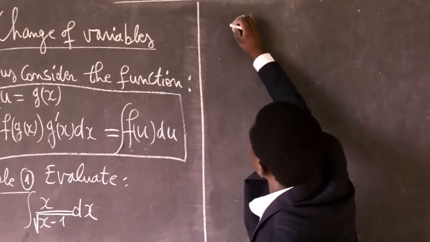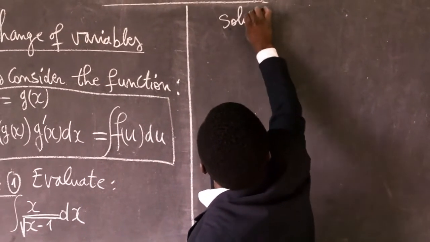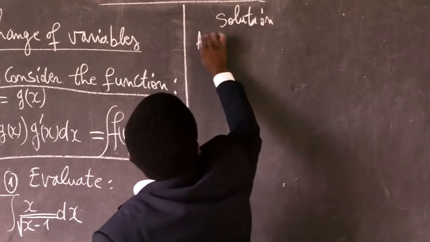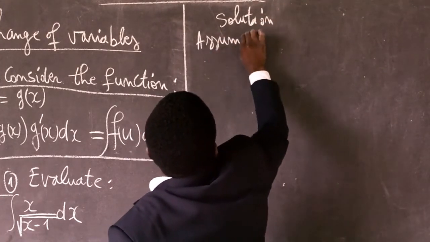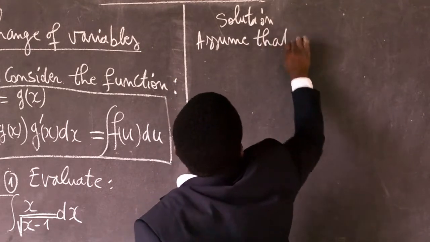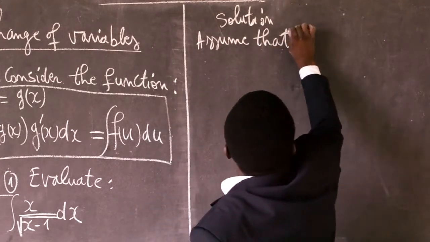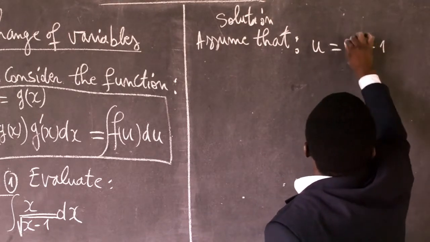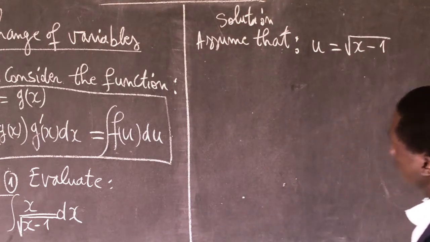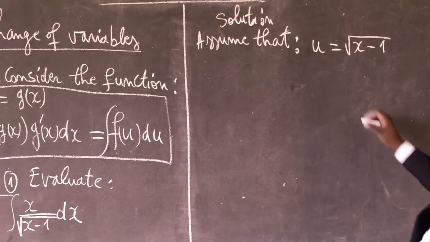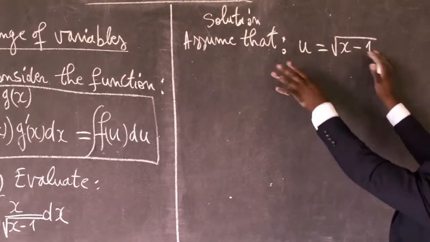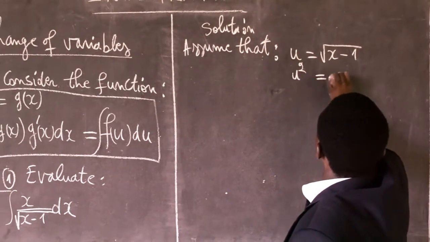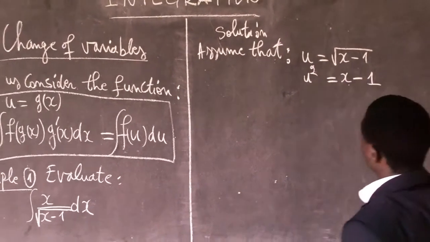From here, we start by assuming that u equals square root of x minus 1. Then from here we can square both sides. Then we get u squared equals x minus 1.